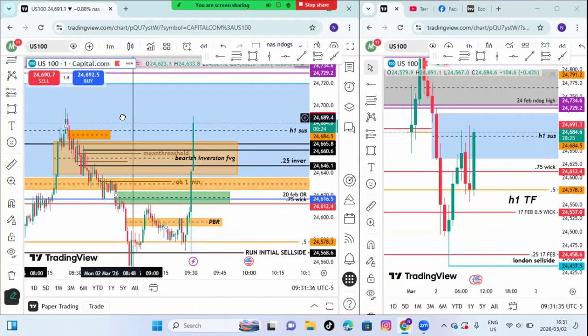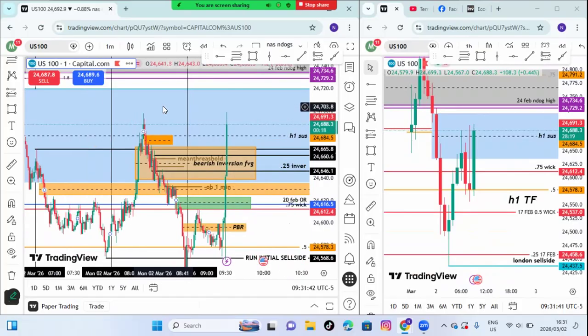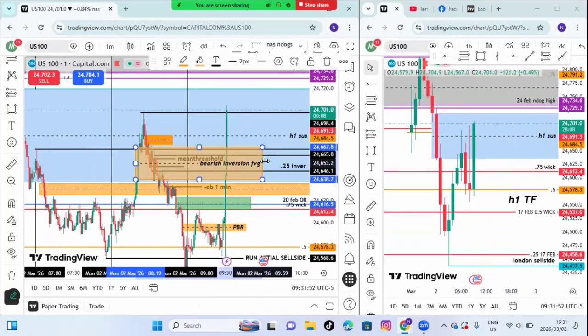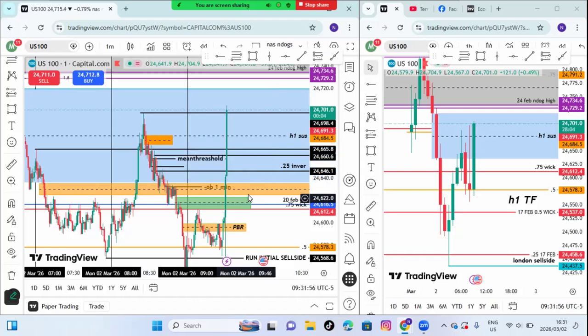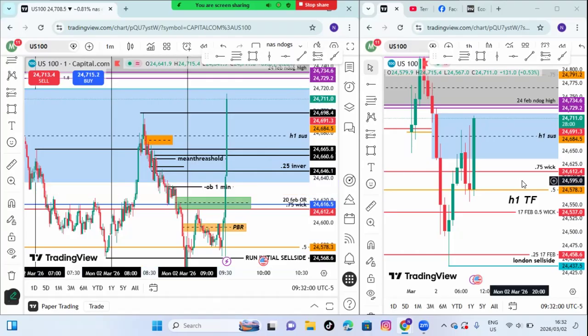So above here, we're still gonna look for the selling option. But yeah, buddy, you're bearish. So let's delete that.